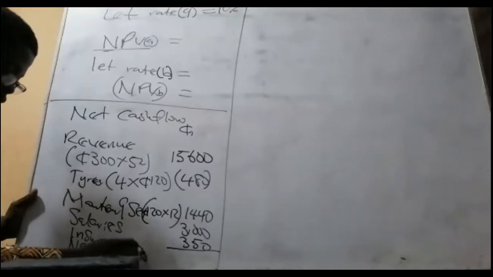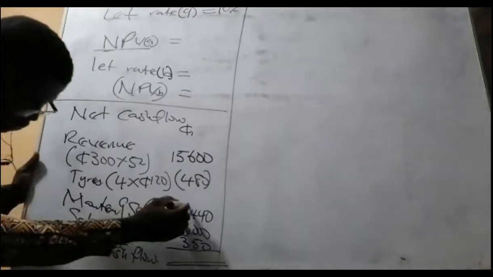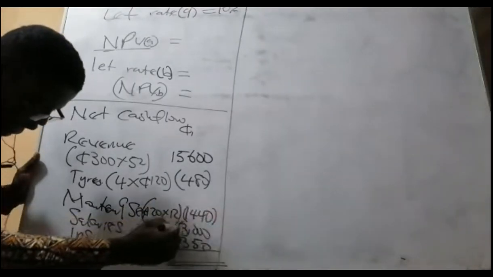Then we will go ahead to calculate the NPV. So net cash flow. So the net cash flow will be, that is 15,600 revenue. In fact, all this must be subtracted. Why? Because they are running costs.